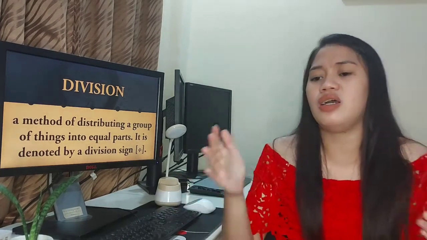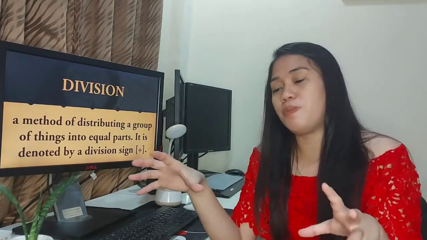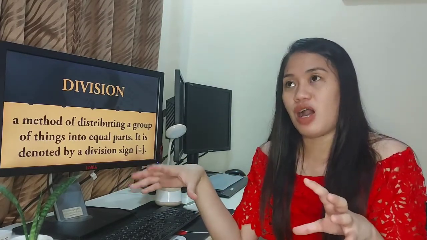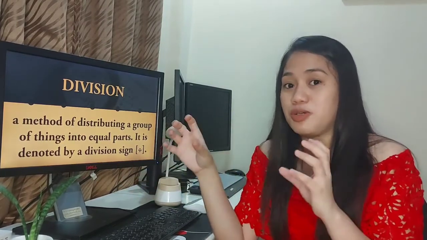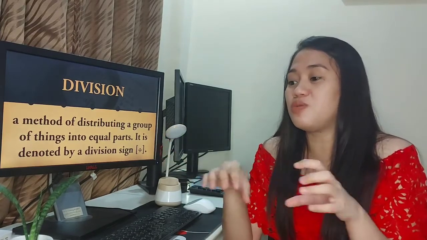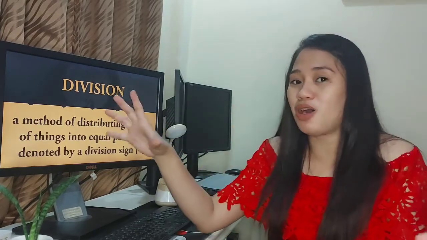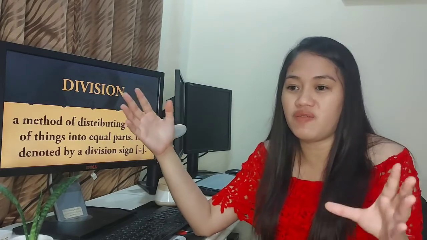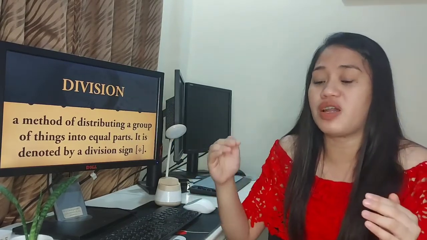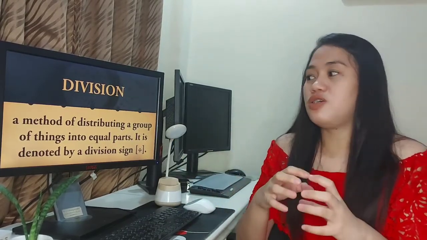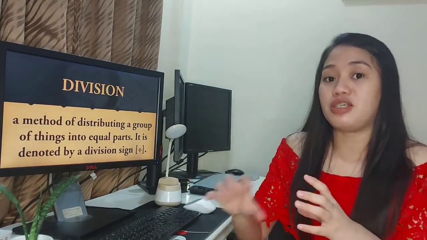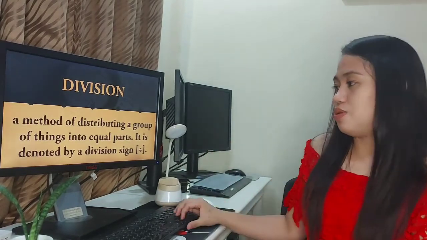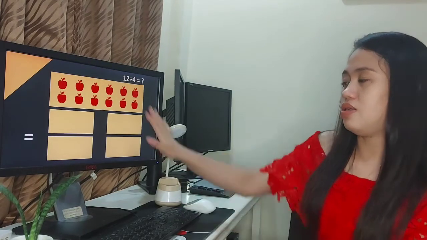So kung kanina, there are 4 boxes of apples and then you add it to itself. Ngayon naman ang gagawin natin, we have a big box of apples. Say we have 12 apples and then you have to divide it sa particular part na dapat equal yung kakalabasan. So let's have it here.